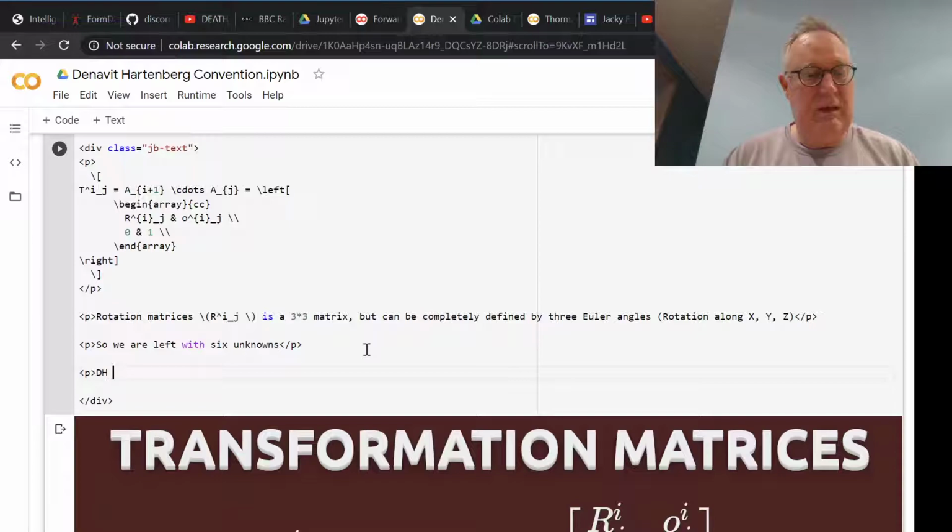So then the Denavit-Hartenberg convention only uses 4 numbers.